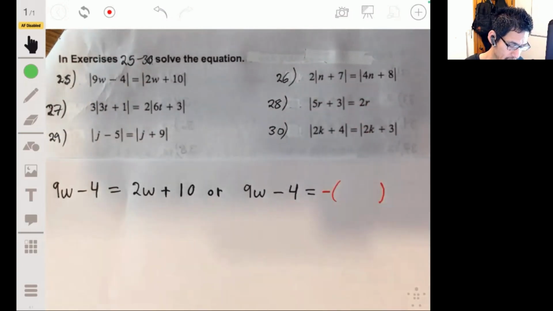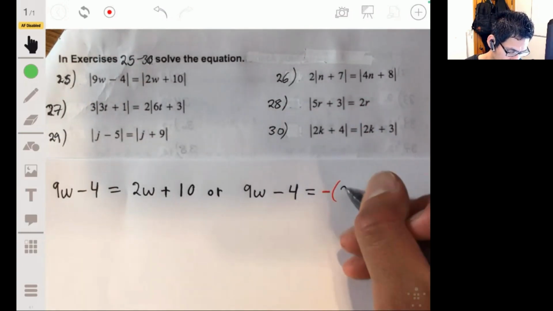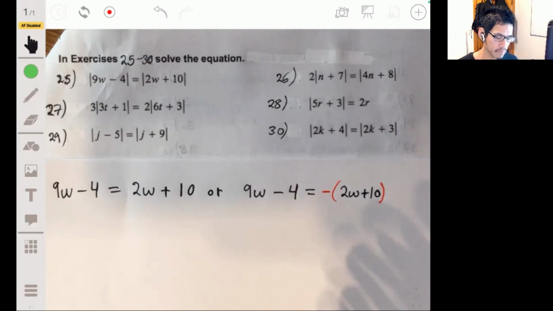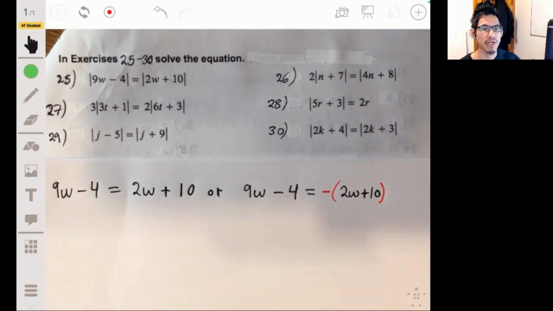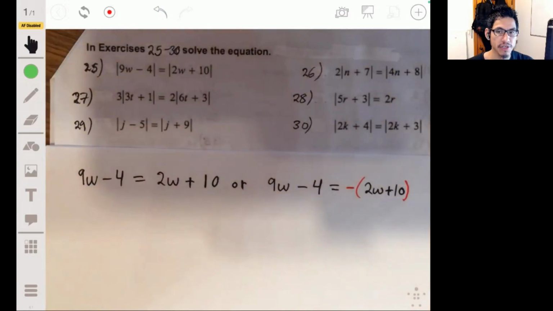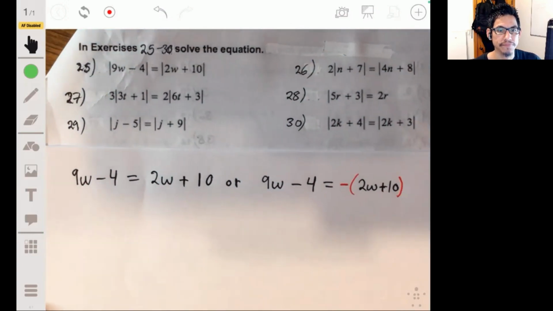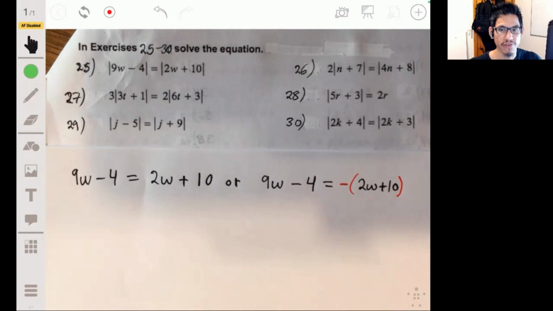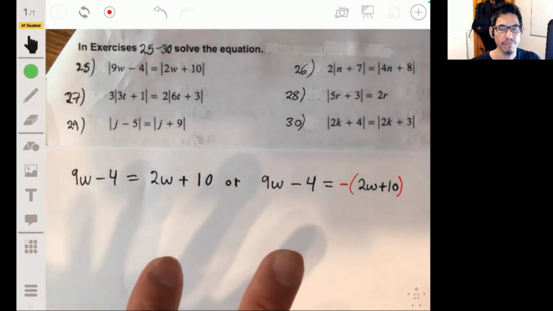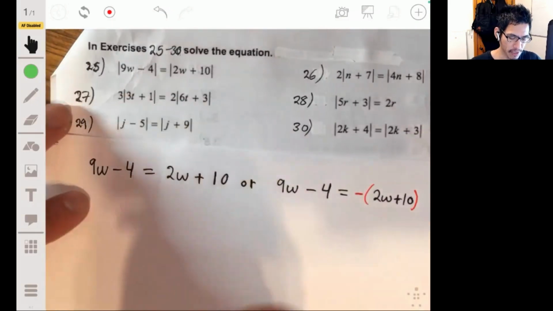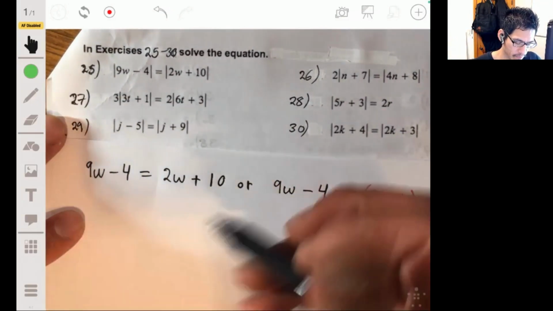So the right side, I'm going to have the 2w plus 10 be multiplied by the -1. And I'm just going to solve both of these. That's really the only difference. So I'm going to go through these a little faster, because this is not really what these problems are going to be about. It's really just a setup, but let's just do one at a time.